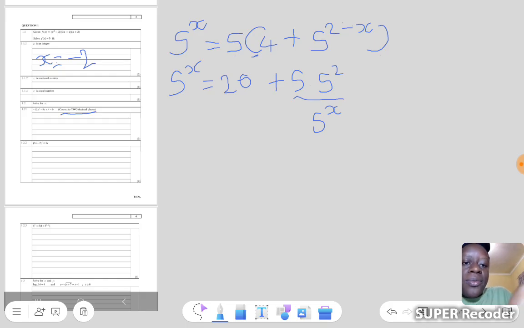This 5 to the power is this one. It being positive, we have to divide it by here.